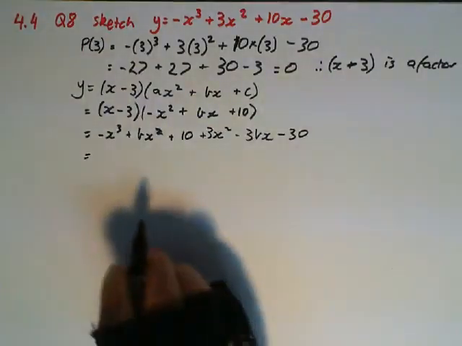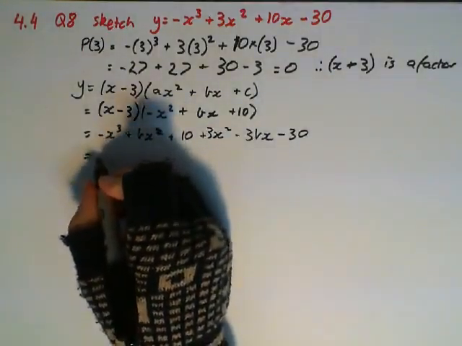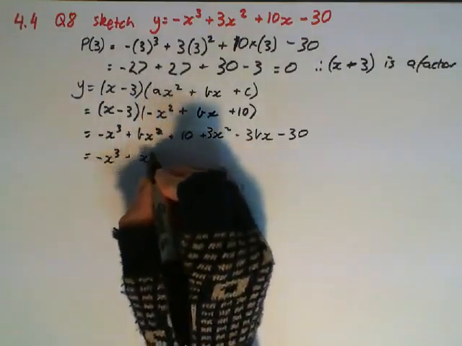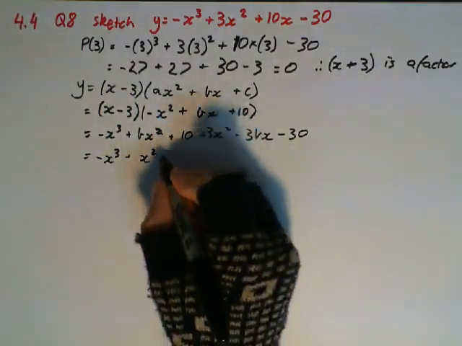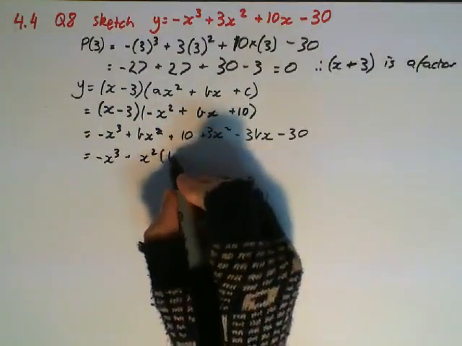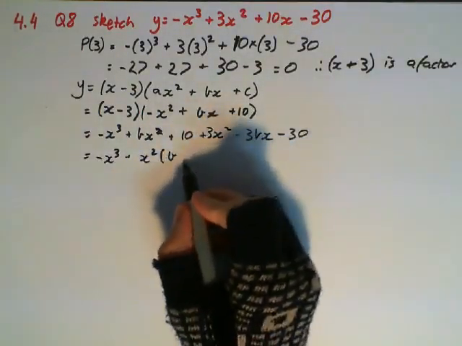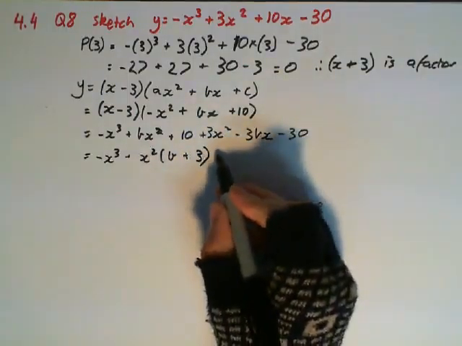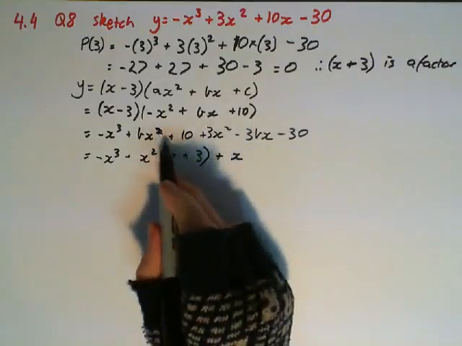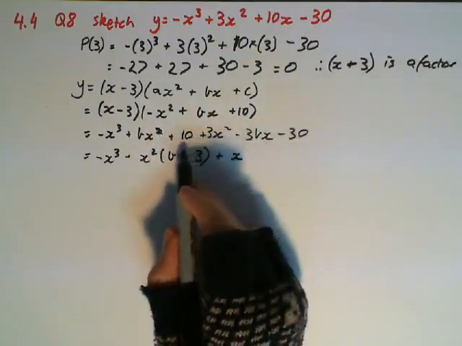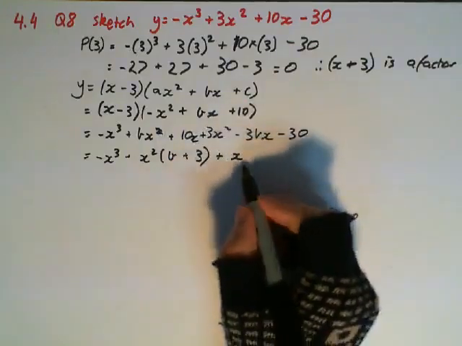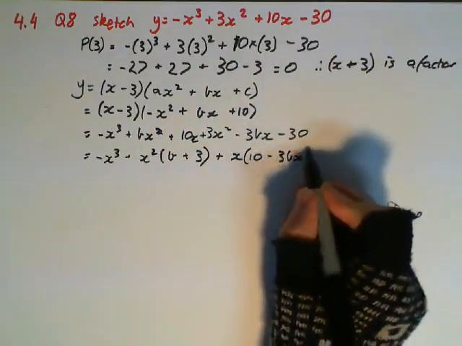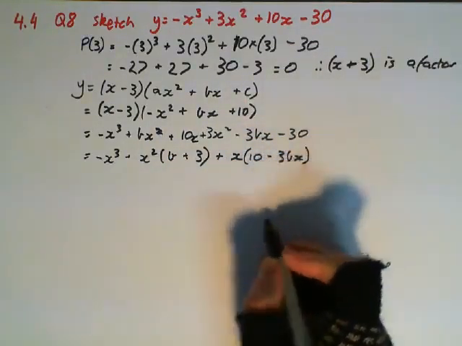Just tidying up a little bit, so we have minus x cubed, that's the only term there. We'll take x squared as a factor. What are we left with? Well, in this case it's b plus 3. Take x as a factor. Our x term, that should be 10 minus 3b, and then take 30 at the end.